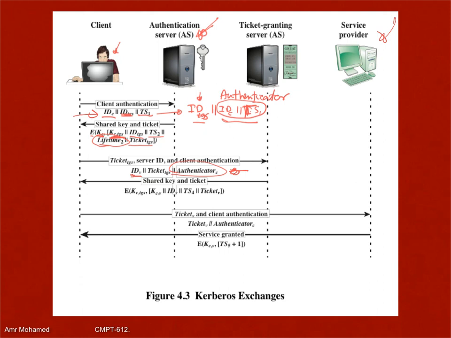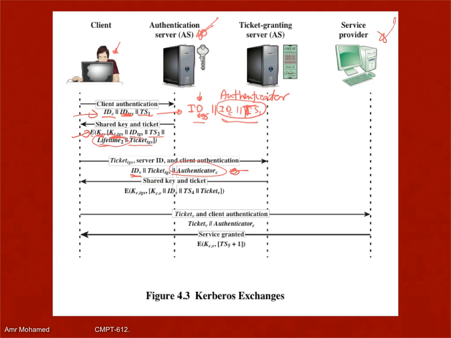You know the shared key only if you have the password. You would be able to decrypt this message to get the shared key and then use it to authenticate yourself to the TGS server. We'll see again in the next slide the exact format of these messages.